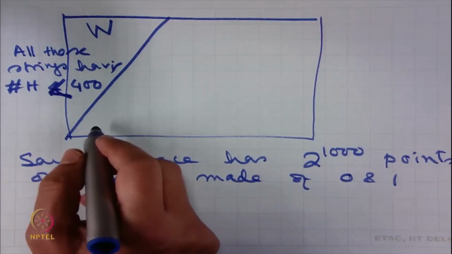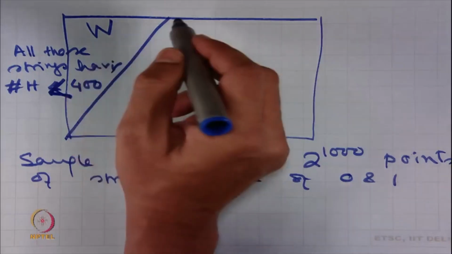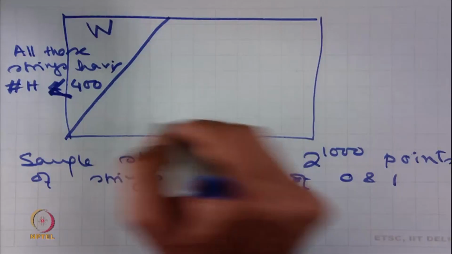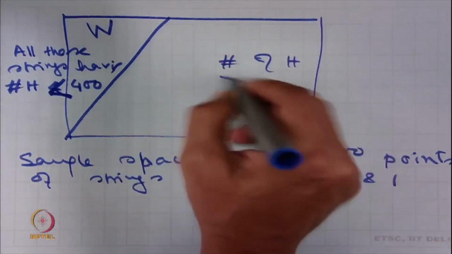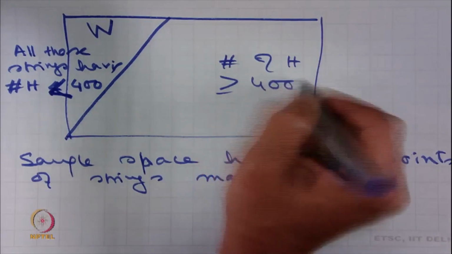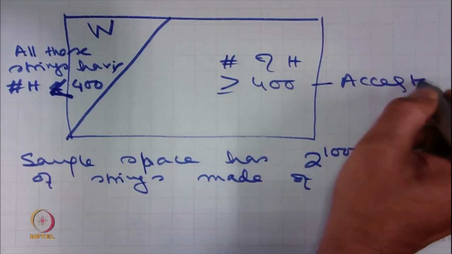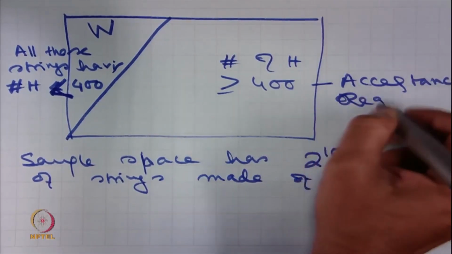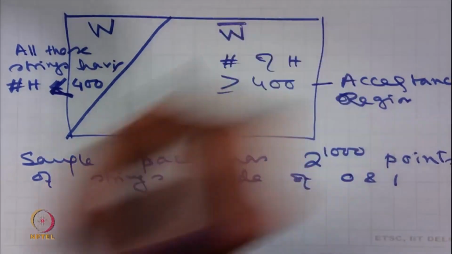So, if the number of heads obtained is less than 400, we are going to reject the null hypothesis, or if the number of heads is greater than or equal to 400, then we are going to accept the null hypothesis. So, this is called W complement.